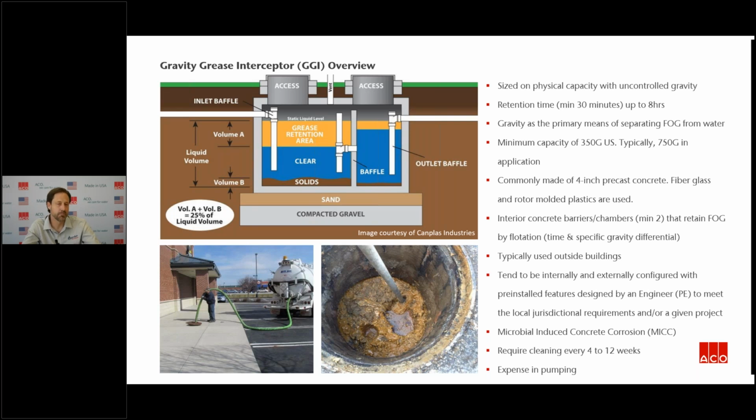So if you've got a mop sink or any of that, it all flows down into the same containment facility. These usually deal with large volumes and large flows, anywhere from 350 gallons to 750 gallons. There are a number of different baffles inside of them that allow the grease, the water, and the solids to separate. They're usually made out of concrete. Sometimes you have plastic solutions, but usually they're larger civil-type solutions that will sit outside of your facility.